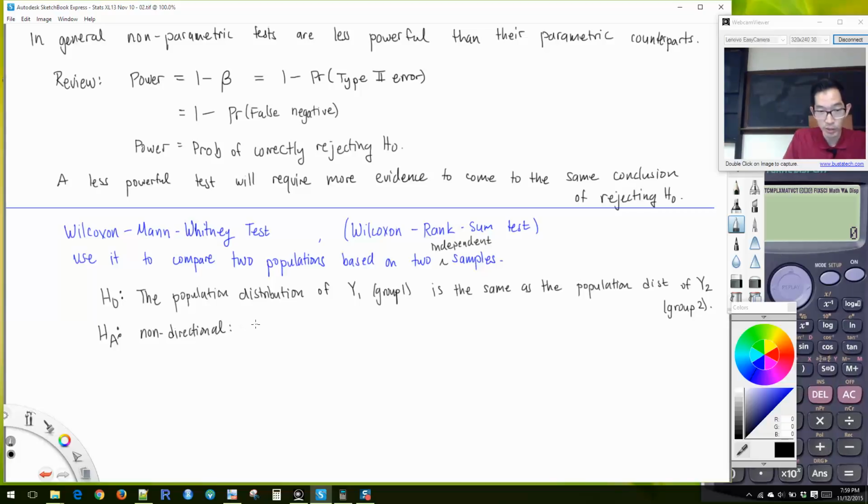Non-directional will be that one of the population distributions tends to produce larger values than the other population distribution.